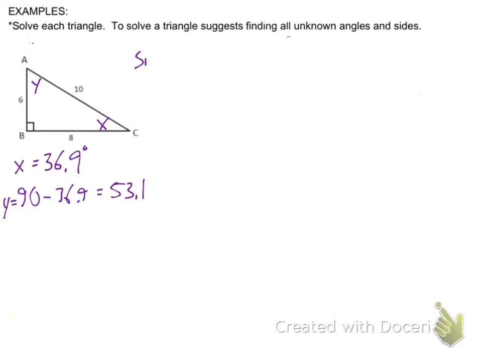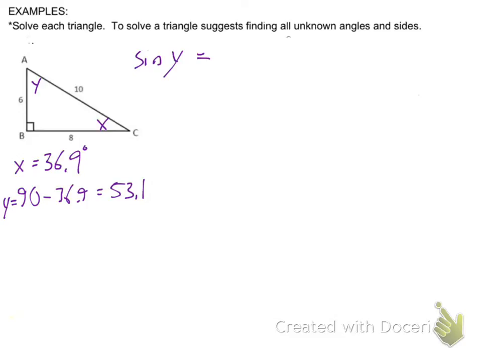So, sine of y is equal to, now since we are in our day here, let's just actually write down the ratio in words with opposite, adjacent, and hypotenuse. What is the ratio supposed to be? Sine.